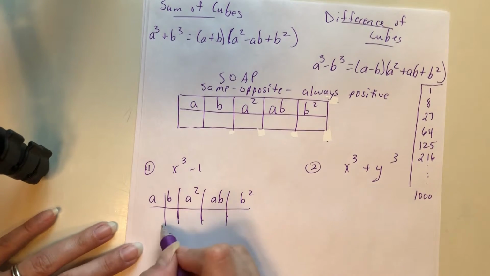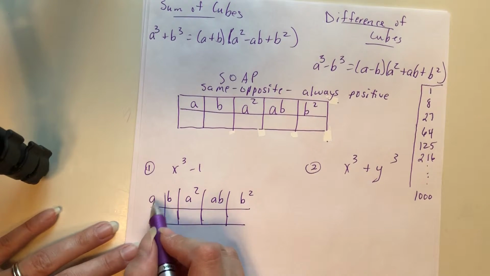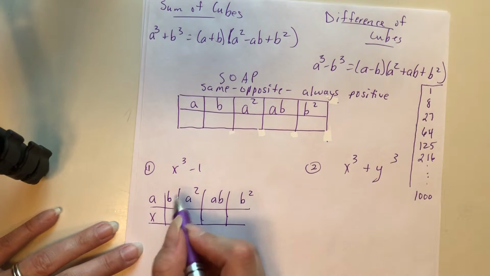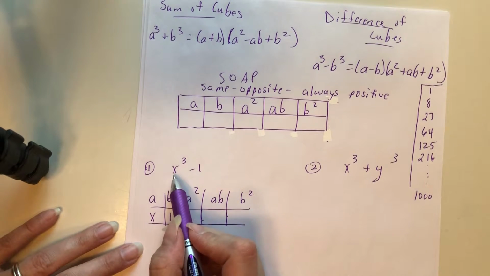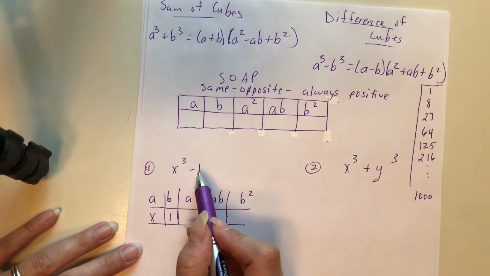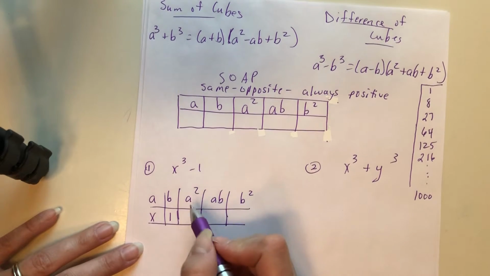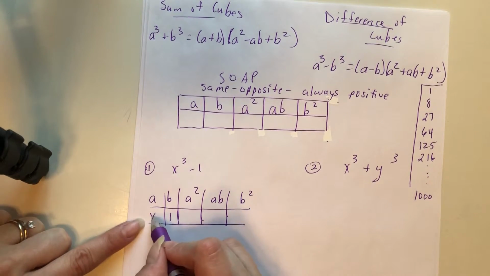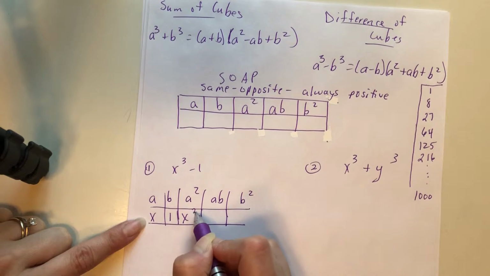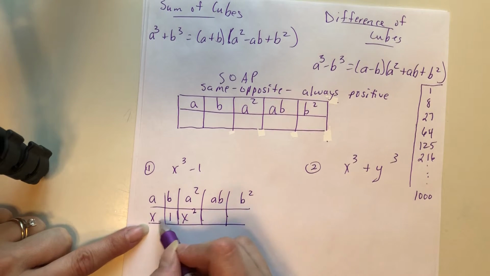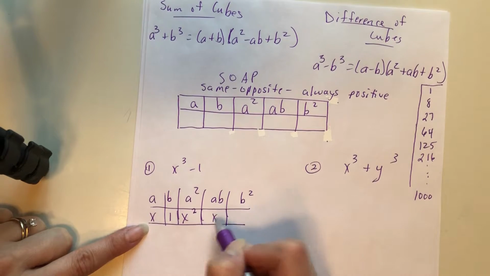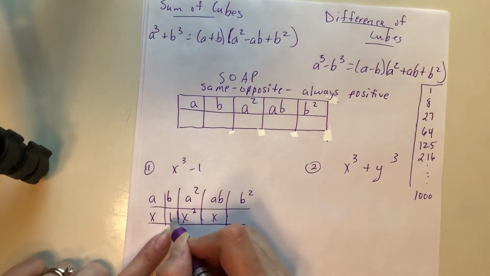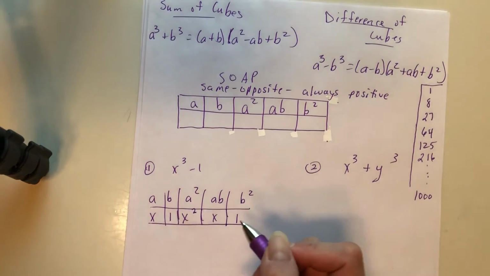As I fill that in, a is x, b is 1, because that's just the cube root of the first term, x, and the cube root of the second term, 1. What is a squared? That would be x times x, so x squared. What is a times b? x times 1 is 1x. What is b squared? It's going to be 1 times 1, which is 1.